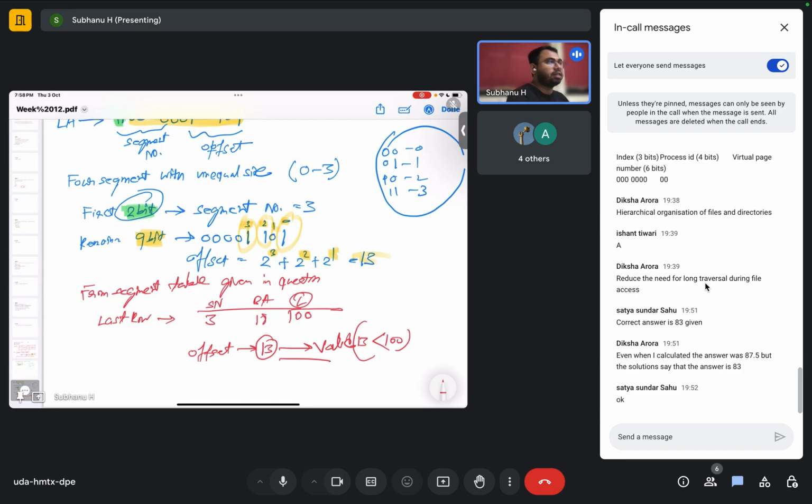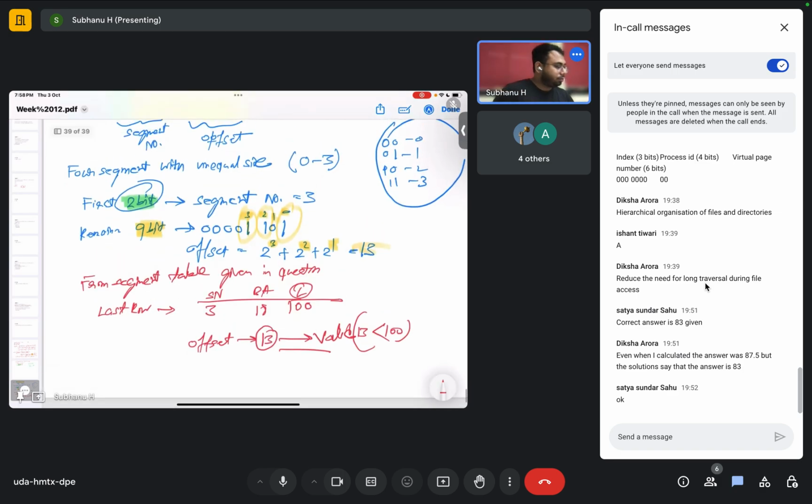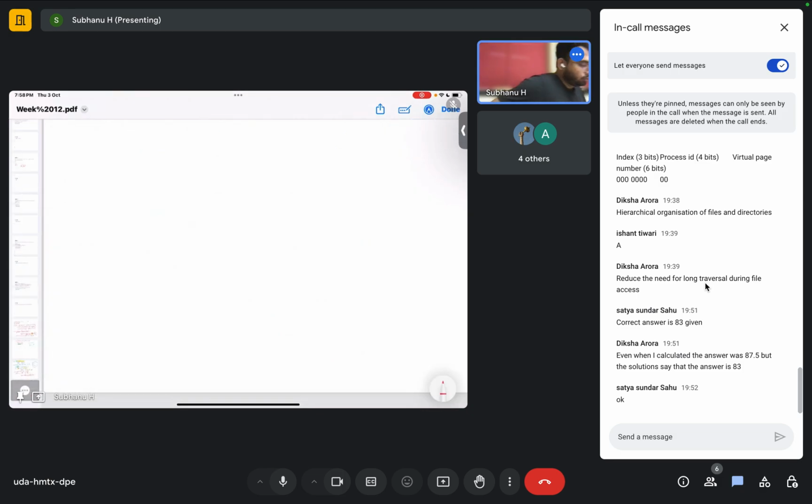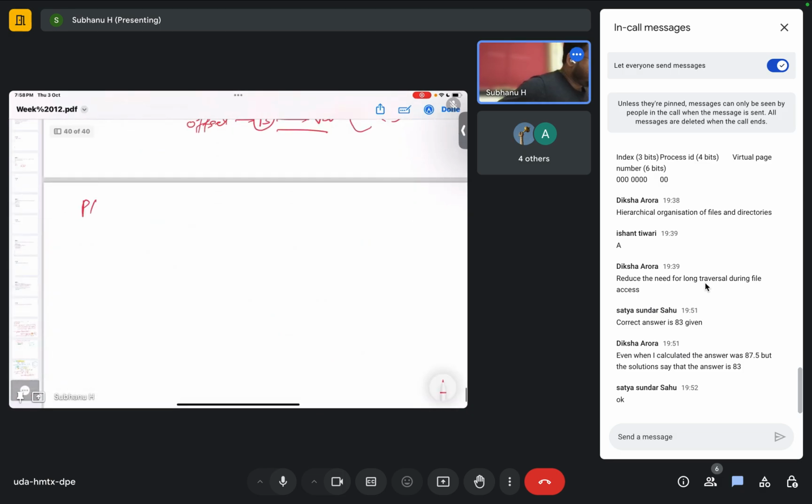The physical address is calculated by adding the offset to the base address. So physical address is equal to base address plus offset, which is 180 plus 13, which is 193.